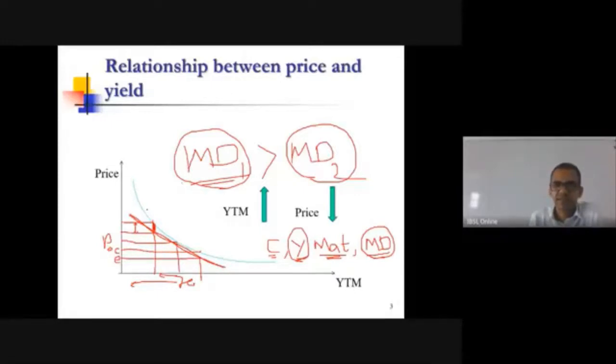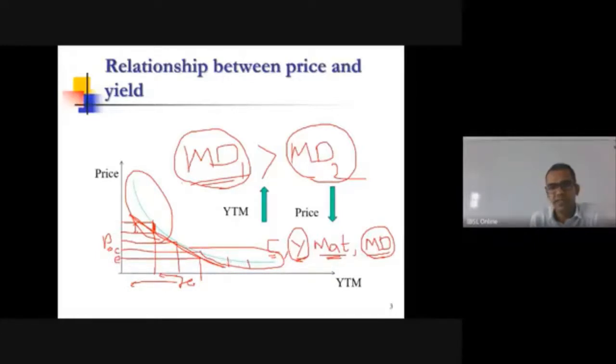Go back to this curve. If the yield is low, slope is very high. So in this area, modified duration is high compared to this area. Even for the same 1% yield change, price would change only by a small margin in one area.